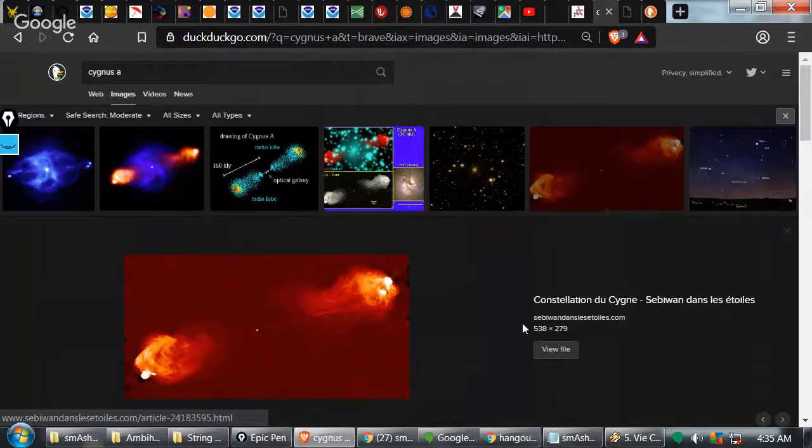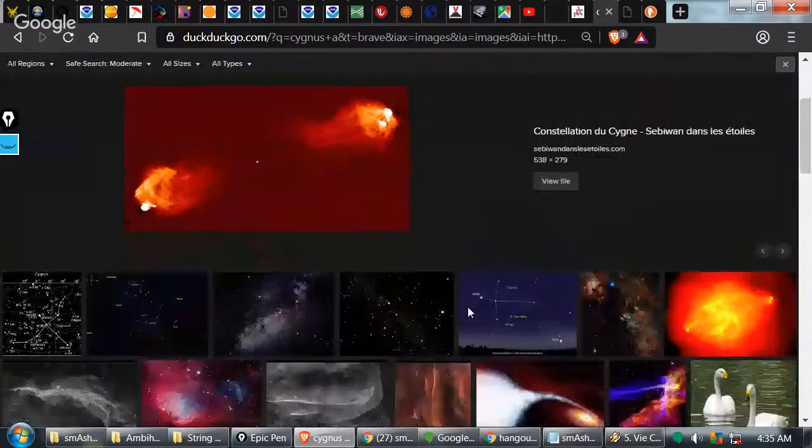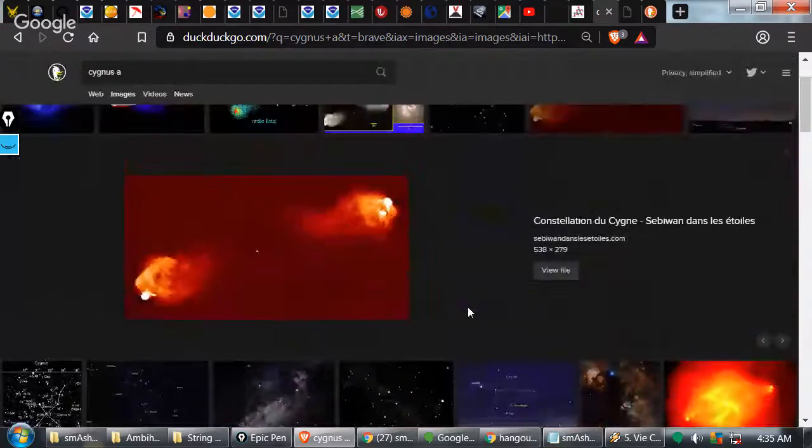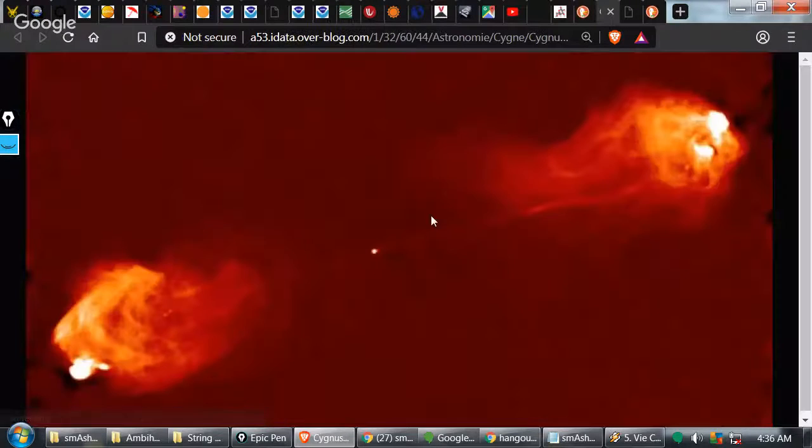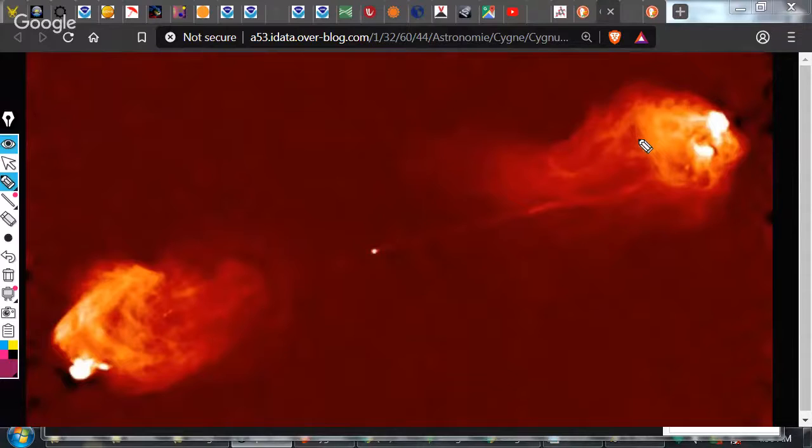Anyway, here's some more images of Cygnus A, which is what we were looking at from the side. And I would note that the black hole image that's all over the news is being viewed from a perpendicular angle. It's being viewed from an angle like this, down the jet. And that's why the zoom in, it looks like you're traveling down the jet. The good thing about Cygnus A is that we're looking at it from the side.